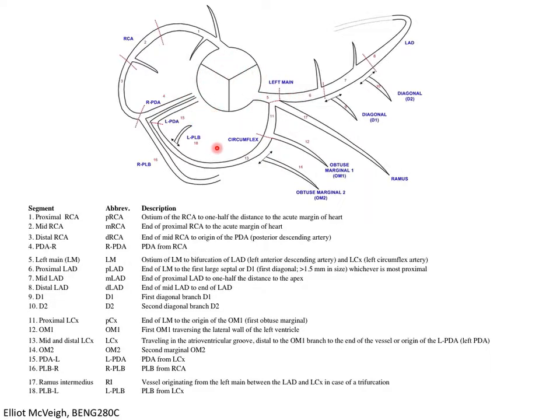So there's 17 segments of coronary artery, and it turns out there's also 17 labeled segments of the left ventricle in a traditional AHA perfusion map, for example. You break the ventricle up into 17 regions, and we'll take a look at that.